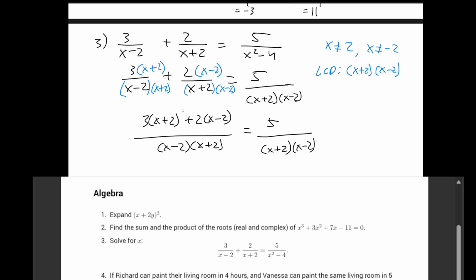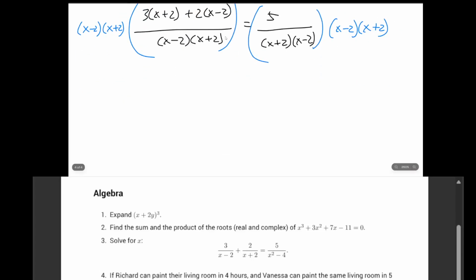If we multiply both sides by x minus 2 times x plus 2, these will cancel.